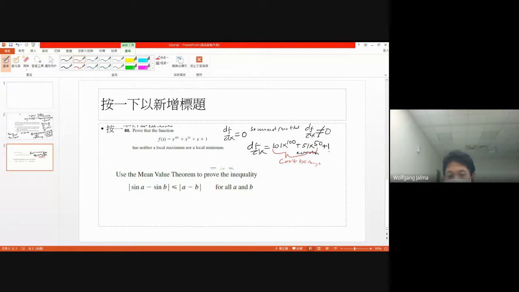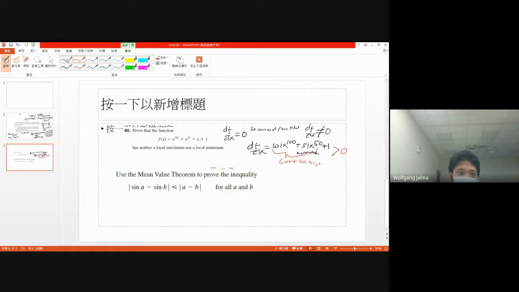And this part is 1, so it's positive. Positive plus positive must be bigger than 0, right? The minimum value is 1 when x equals 0, and it cannot get lower than that. So there is no point such that df/dx will be 0. So there is no maximum or minimum.